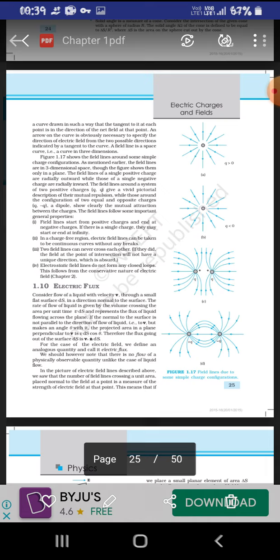If the normal to the surface is not parallel to the direction of the flow of liquid, but makes an angle theta with it, then the projected area of the plane is perpendicular to the velocity.